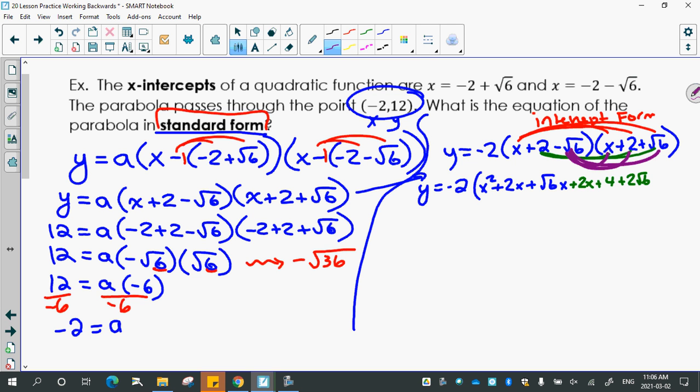So negative root 6 times x is negative root 6x. Negative root 6 times positive 2 is negative 2 root 6. I had to go on to the next line, sorry. Negative root 6 times positive root 6 is negative 6.